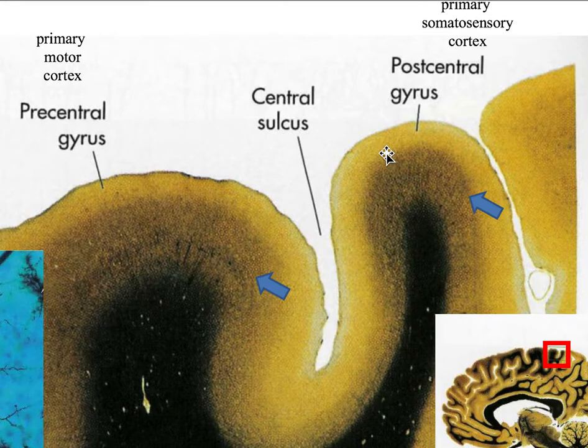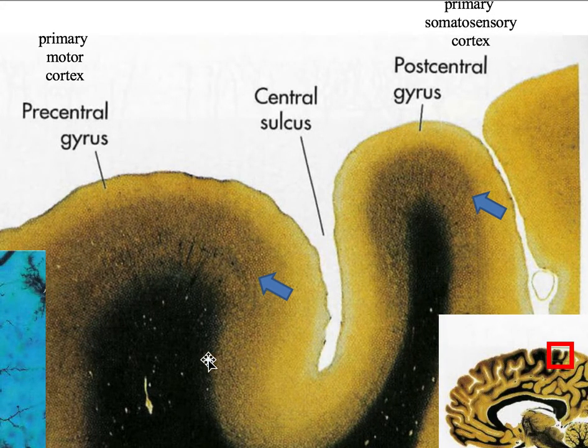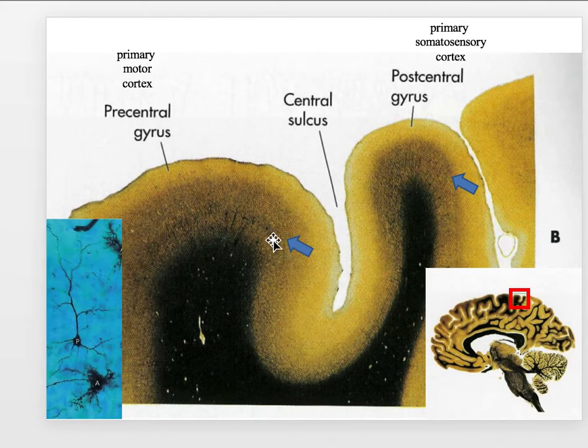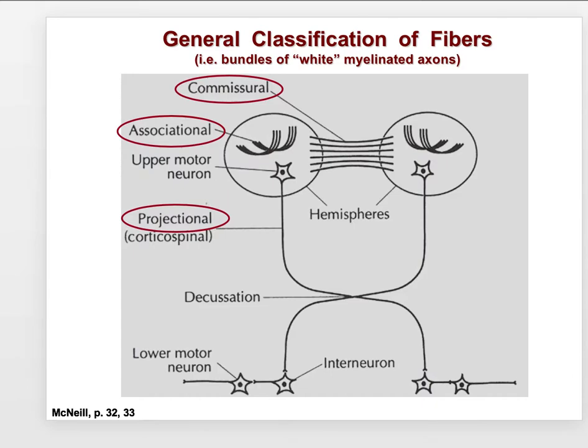So layer 4 is abundant in this region, and layer 5 is really abundant in this region. It's remarkable that the function we associate with these different regions can be identified and guessed at just by looking at which layer is expanded and knowing the basic function of those layers.